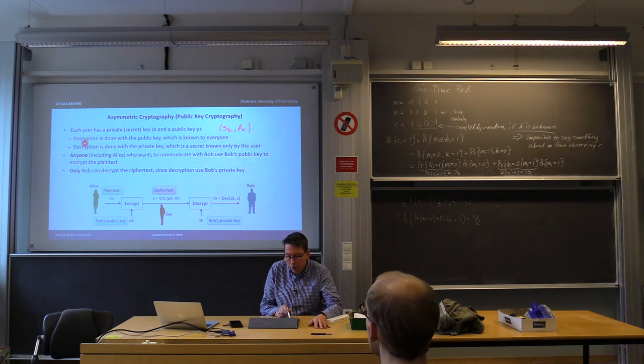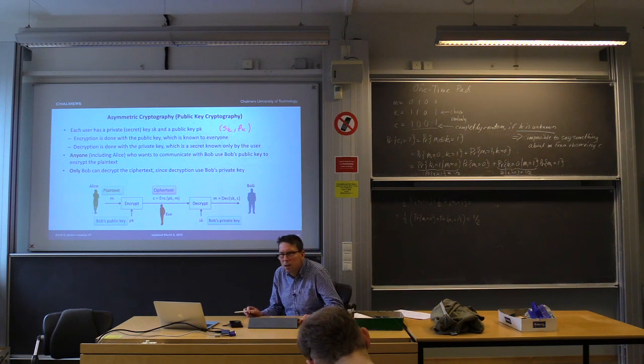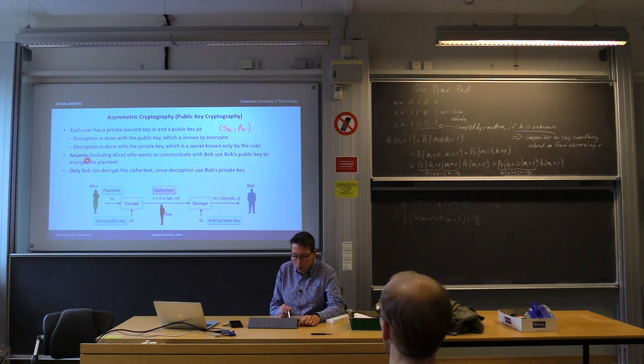Encryption is done with the public key, which is known to everyone, and decryption is done with the private key, which is a secret known only to the user. So what does this mean? Since we do encryption with the public key, everyone can do encryption, because the key is free for everyone to use. Alice can obviously use this, but all other people can do it also.